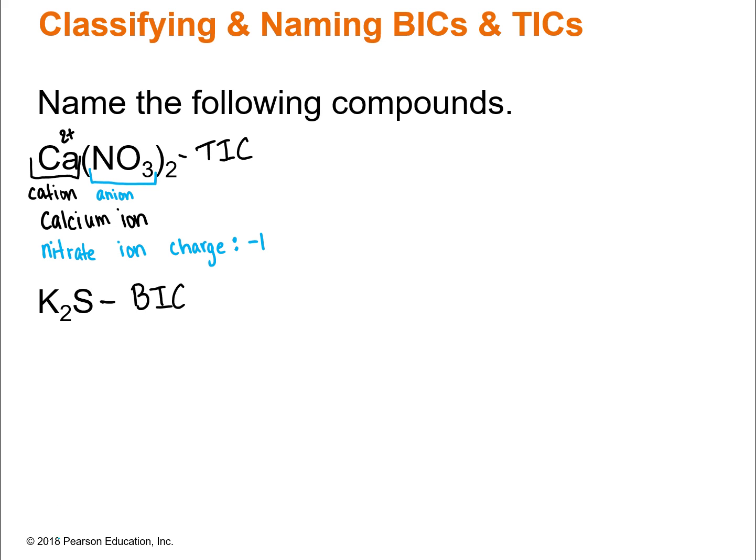It's got a charge of -1. We established that the calcium ion has a charge of +2. I want you to notice that there are 2 nitrates. So when we look at the total charge from the anions, we've got -2.